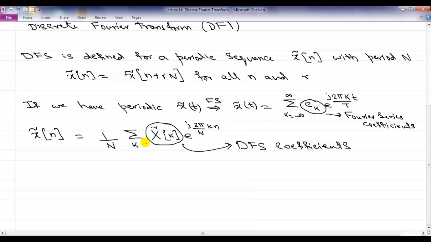Now, the distinction comes in what should be the index of summation of these harmonics. While in continuous time you have an infinite number of harmonics, right? You can have k equal to 0, 1, 2, 3, 4, whatever, 100 hertz, 200 hertz, 400 hertz, keep on going.